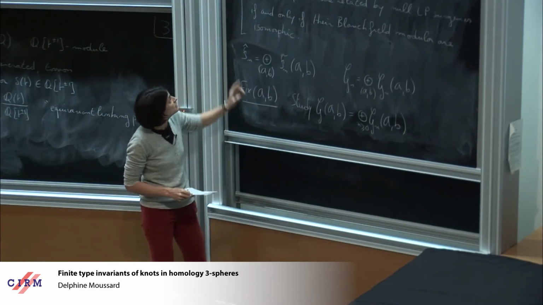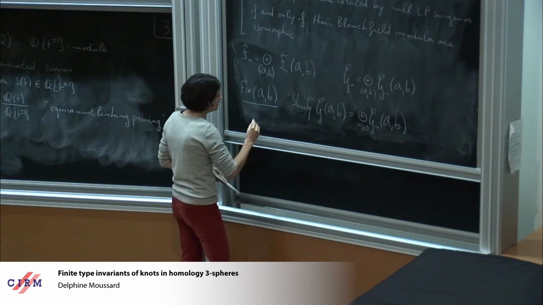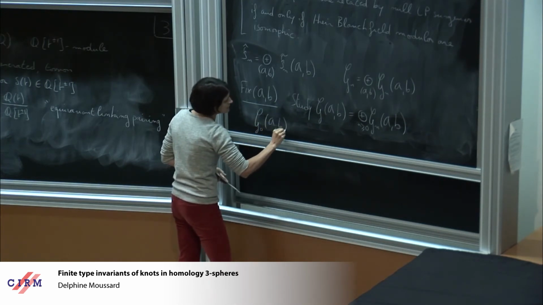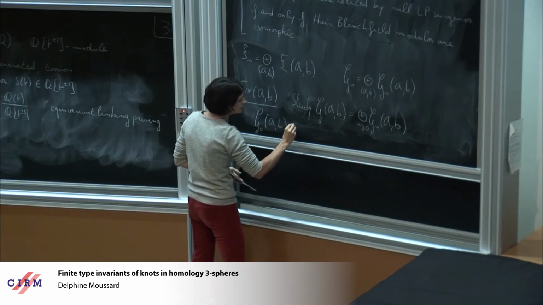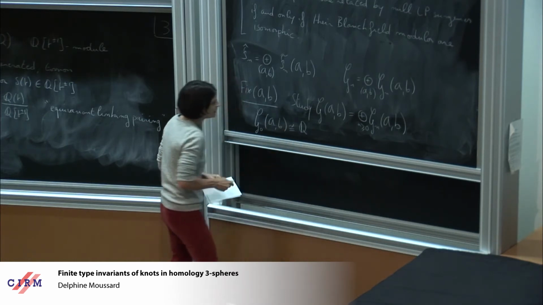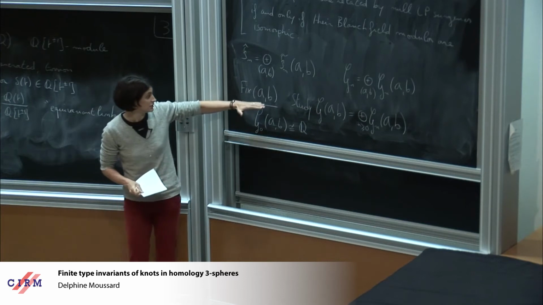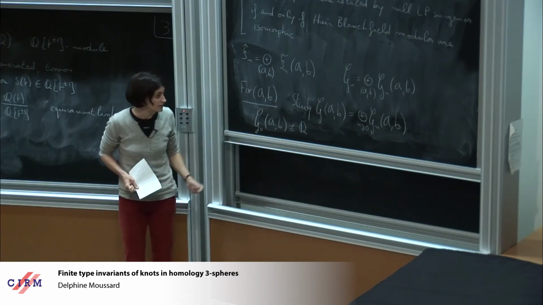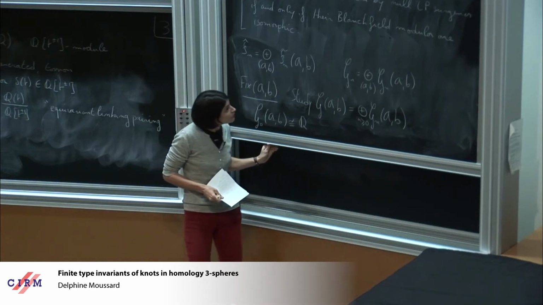Another consequence of the theorem is that for n equals 0, we see easily that G_0(A, B) is isomorphic to Q. Once we have fixed the Blanchard module, we have no more degree 0 invariant, except constants.